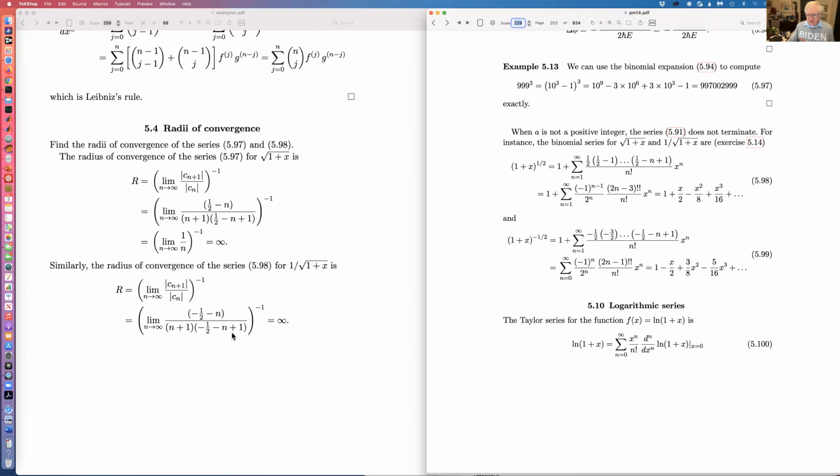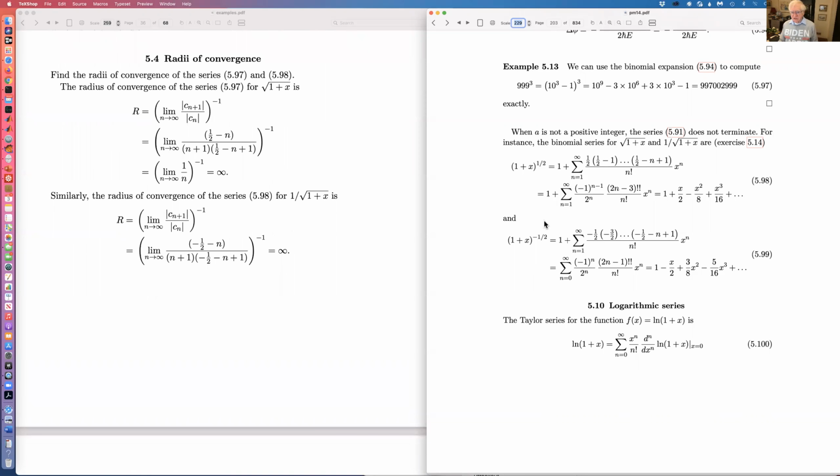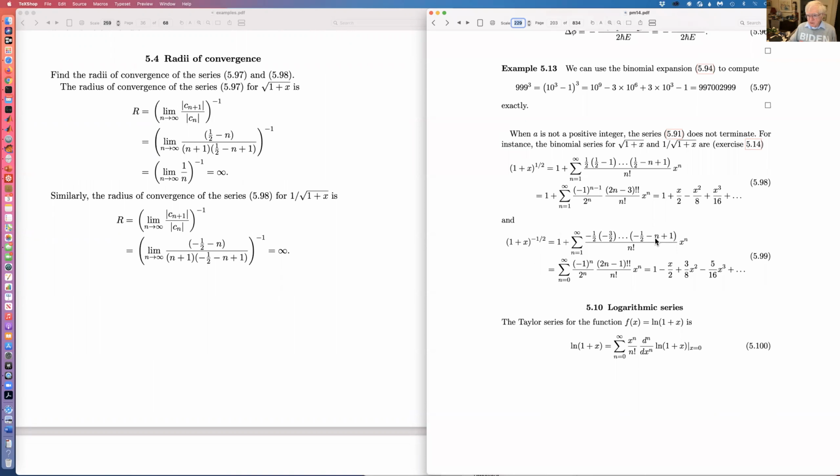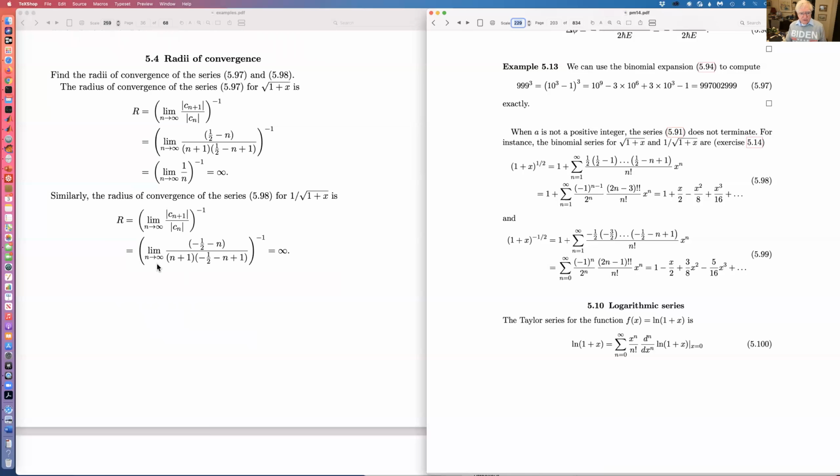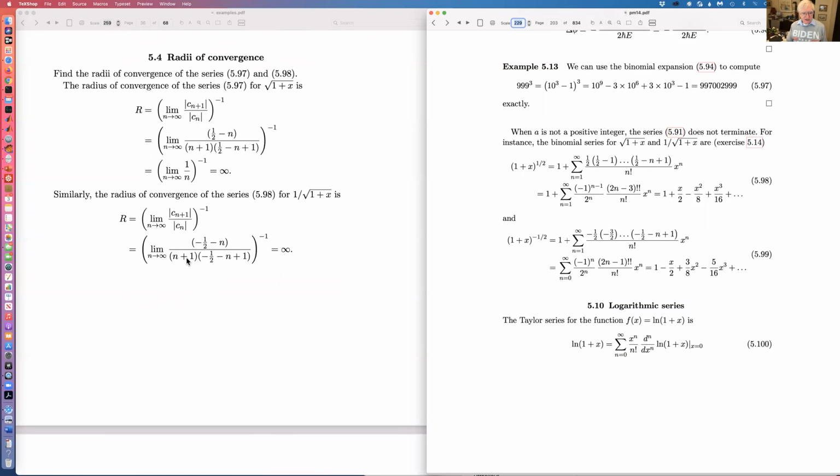The same thing happens with this series here, and again I use this form. You set n equal to n plus 1, the 1 cancels, which is what happened up here. Then you're testing this ratio, and again these cancel. You forget the n, forget the 1, and you get the same expression. So you get infinity. Both have infinite radius of convergence.